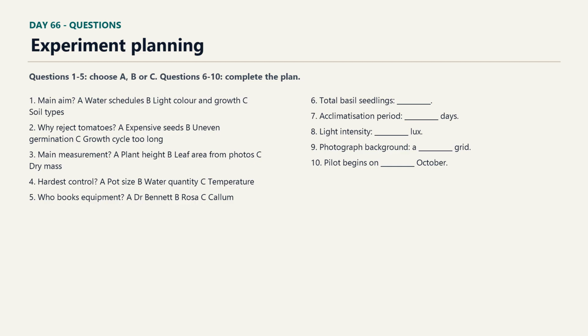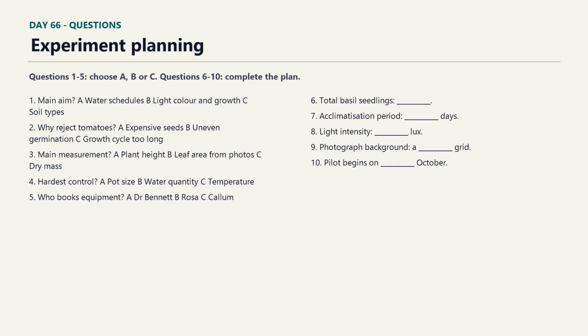For measurement, I can record the height of each plant with a ruler twice a week. Height alone may be misleading. A plant could be tall but have very few leaves. We could collect all the plants at the end, dry them, and compare their mass. Dry mass is accurate, but it destroys the sample, so you could take that measurement only once.